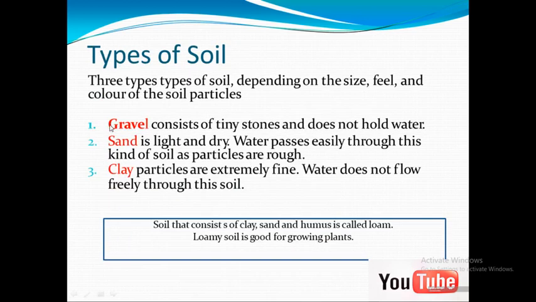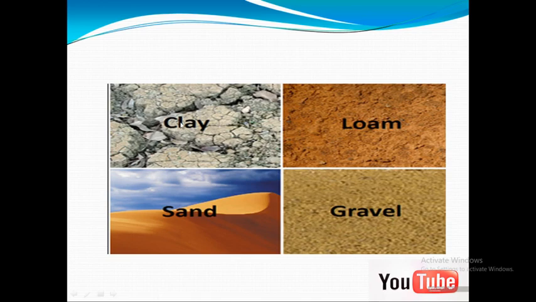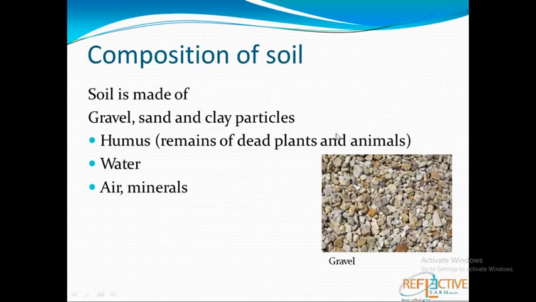The types are gravel, sand and clay. These are the pictures. Clay is like this, sand is very small, gravel is small stone, and loam is very thick. This is gravel stone, and gravel does not hold water.